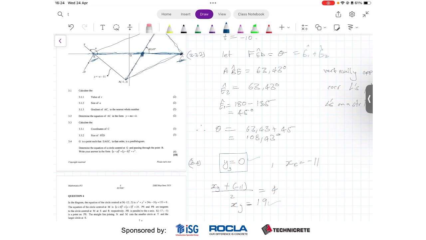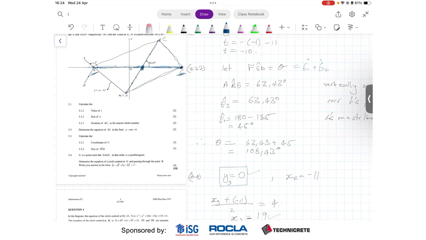Now, the second point we came to is the fact that the point B is a common midpoint for AC and EG.